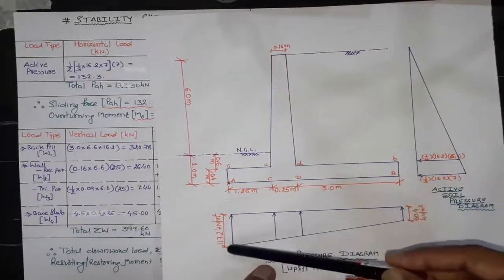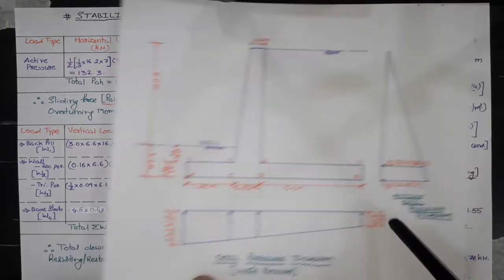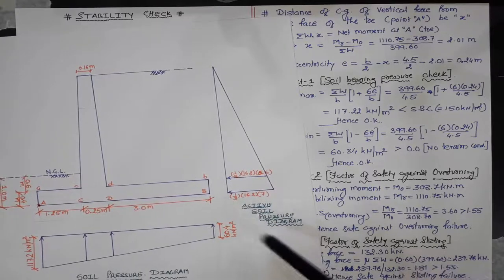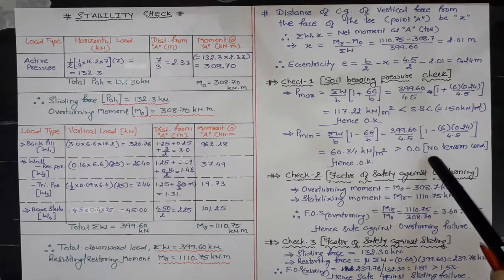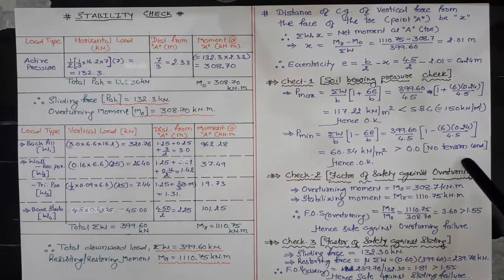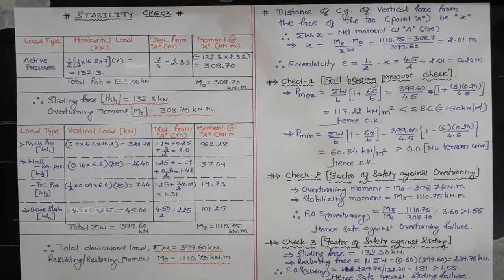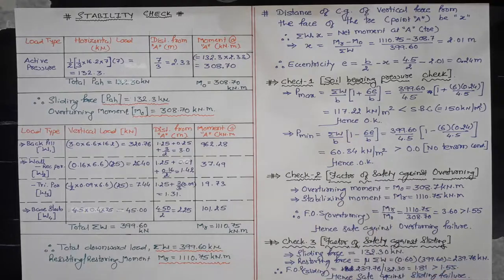The maximum pressure at point A is 117.22 kilonewton per meter square, and the minimum pressure is 60.34 kilonewton per meter square. This 60.34 is greater than 0, hence there is no tension condition at heel slab end. Hence we are safe as far as minimum pressure or tension is concerned.